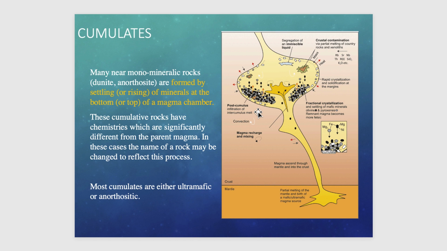But it's important to realize that this could be the result of the accumulation of a particular type of silicate, and these crowded rocks will be the result of this type of differentiation. So usually, as I said before, they form by either settling or rising of minerals at the bottom or top of a magmatic chamber. So that's important to know as a process of formation for these particular rocks.